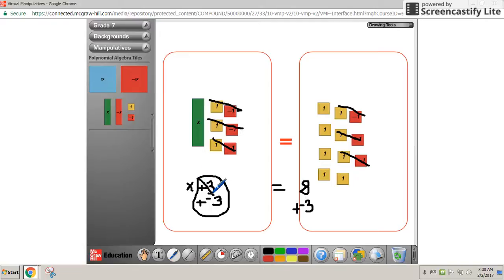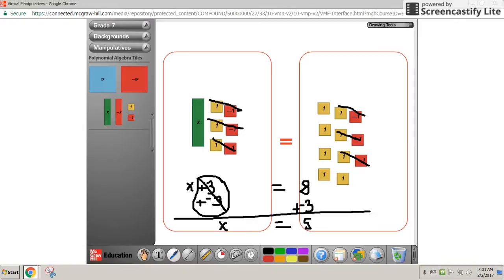So 3 plus negative 3 zeroes out. If you want to draw a line and bring everything down, left on this side is x equal to 5. And notice our algebra tiles support our answer that 1x equals 5 ones. So this is the written work that I'm going to be wanting you to show.